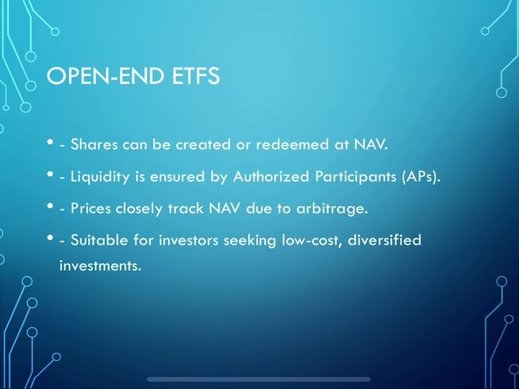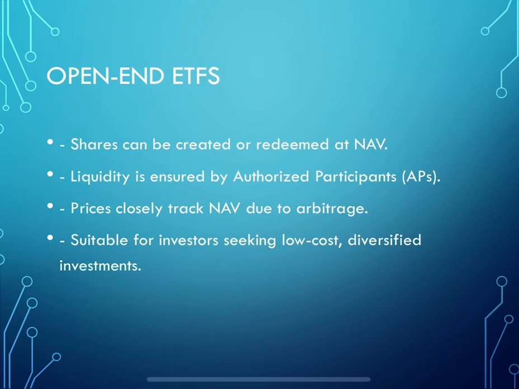Open-end ETF shares can be created or redeemed at NAV. Liquidity is ensured by authorized participants. Prices closely track NAV due to arbitrage, suitable for investors seeking low cost investment. So here was some information about open-end ETFs.